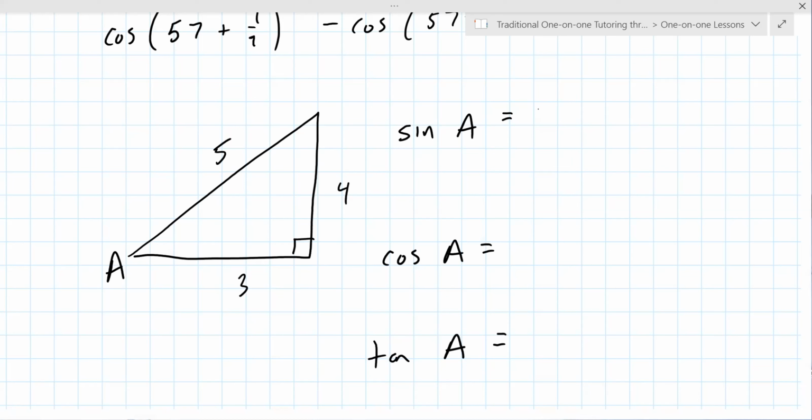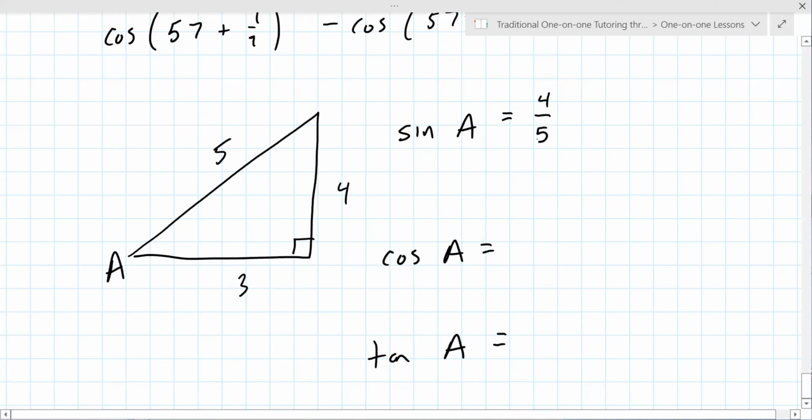For sine of A, it would be 4/5. Cosine would be 3/5. Tangent? 4/3.